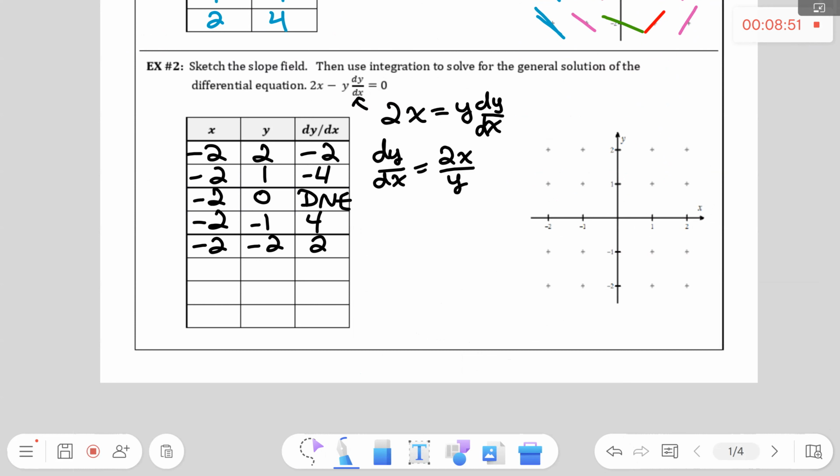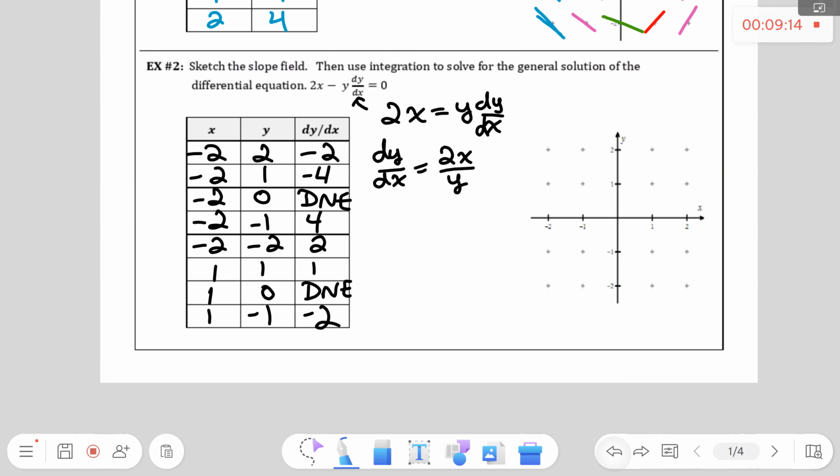-2, 1, 0, dy/dx doesn't exist because you can't divide by 0, 1, -1, and -2. All I did was pick some points on here, like -2, picking this point right here. Well, +2, -2, that point right there.